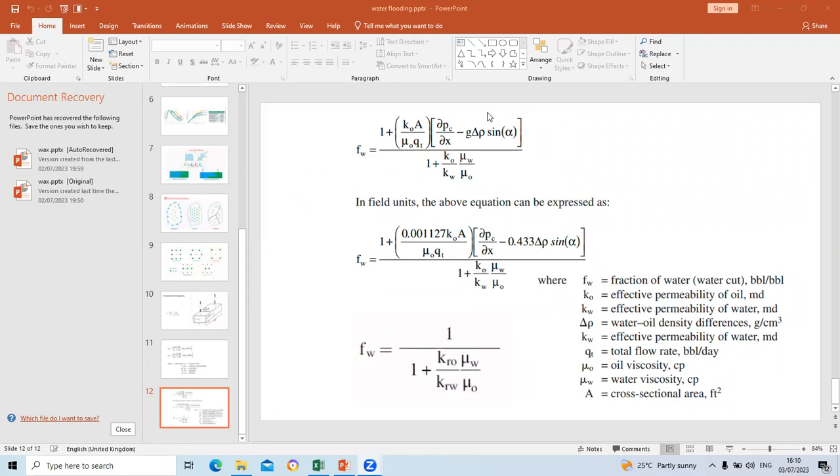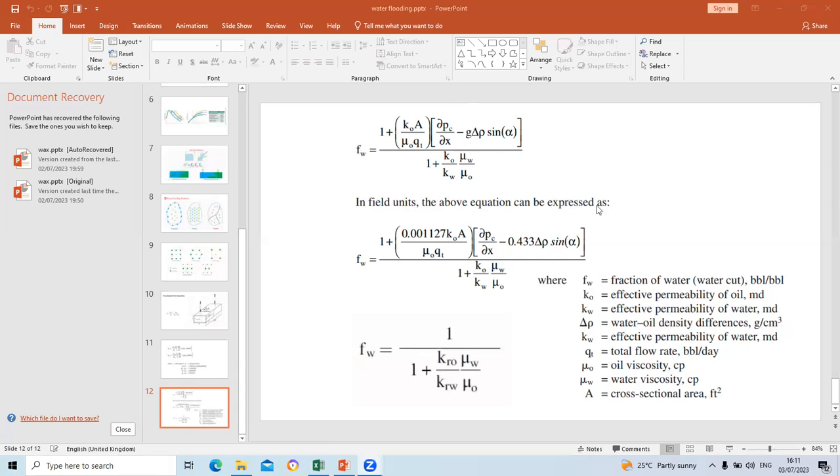If you put all of that together, you realize that an additional term comes in that is due to capillary pressure, the change in capillary pressure with distance. Generally, for simplicity, we are going to assume that this particular term is 0.